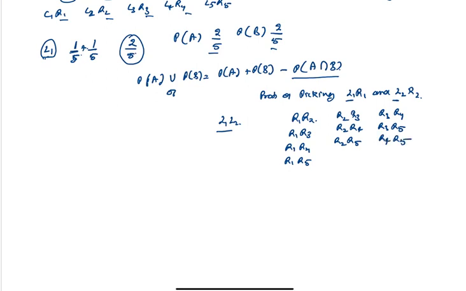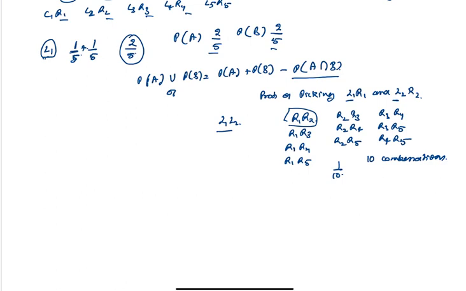So there are a total of 10 combinations. So if we pick L1 and L2, there are 10 possible combinations that you can pick. So the probability of picking the right combination, which is R1 and R2, which is what you want, is going to be 1 out of 10.